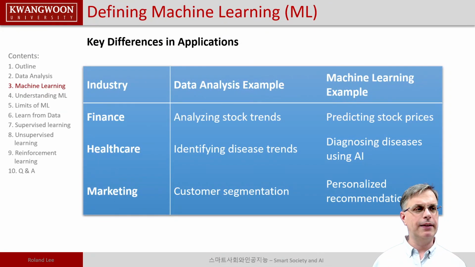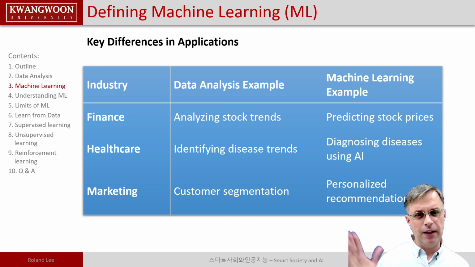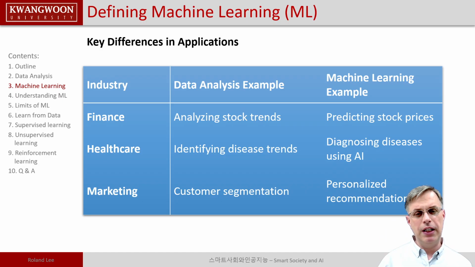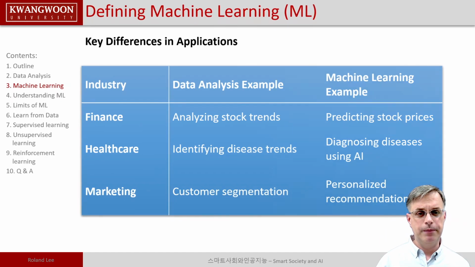Accordingly, key differences are there in finance, healthcare, and marketing, but all the other industries also I could mention here. So we'll just take these 3 sectors right now: finance, healthcare, and marketing. And data analysis examples are different from machine learning examples as well.